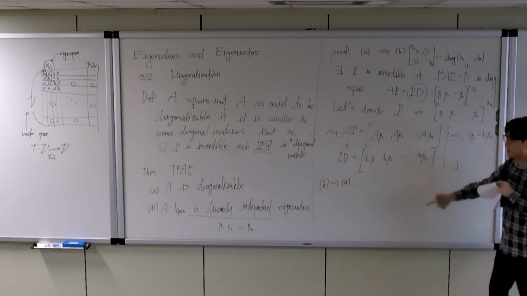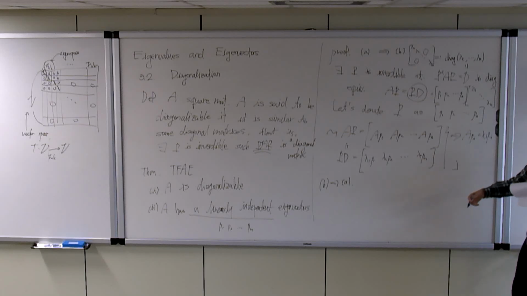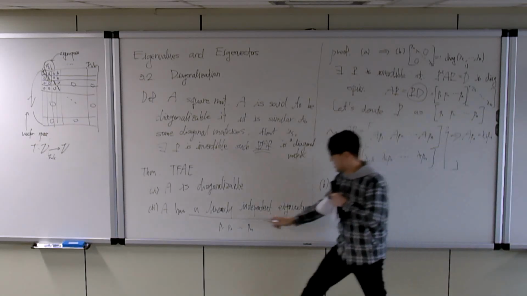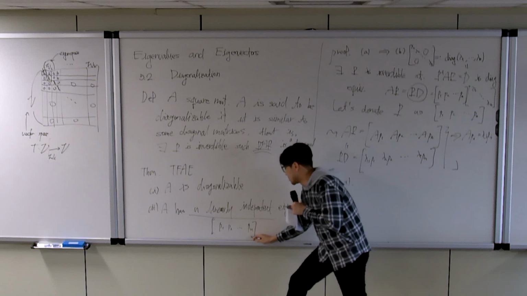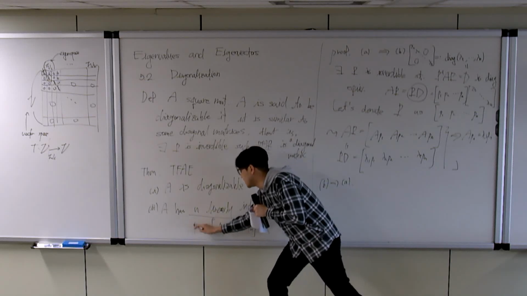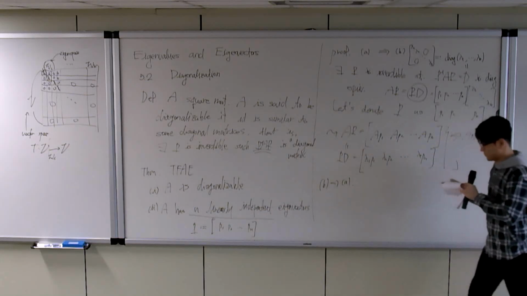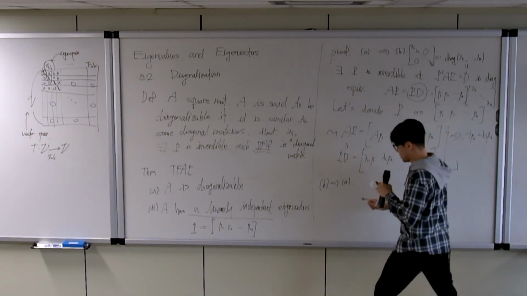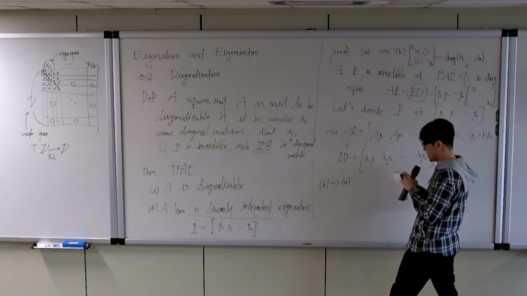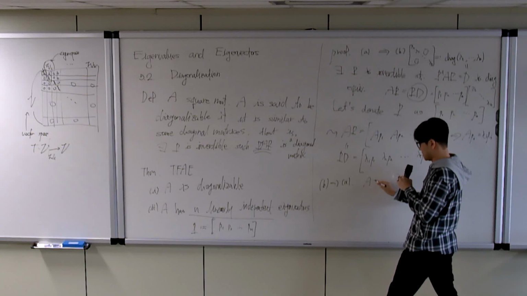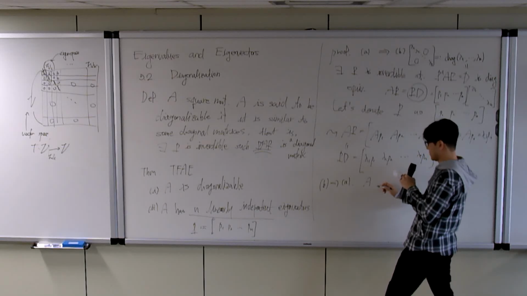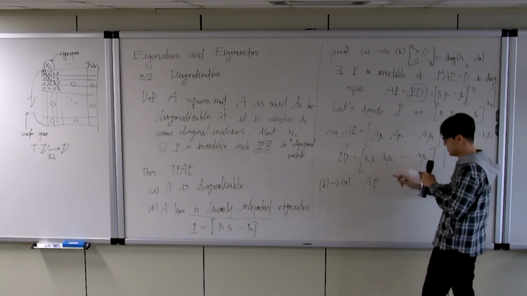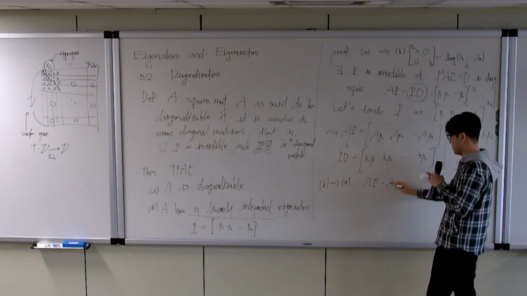Then multiplying P inverse to the left side, we will get the diagonal matrix D in the form P inverse AP.